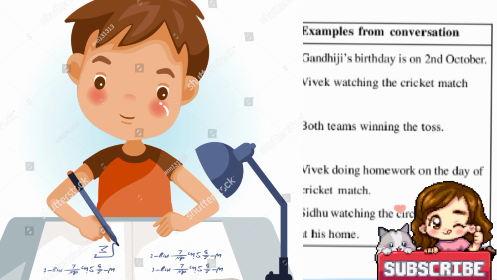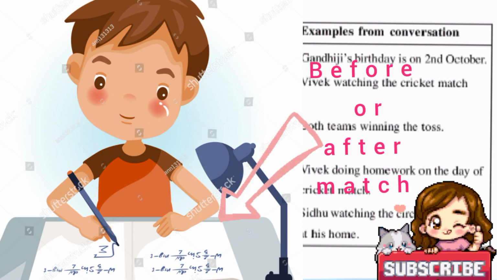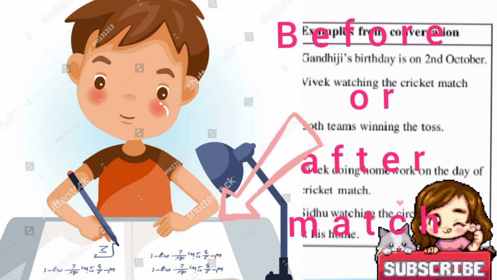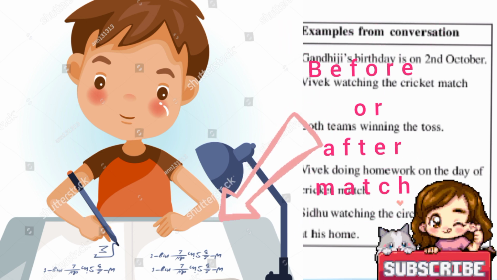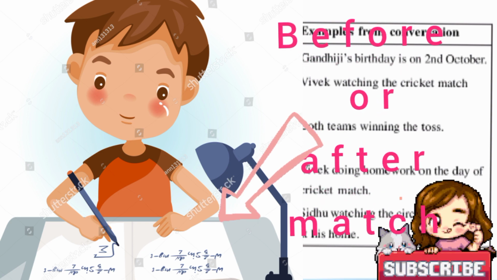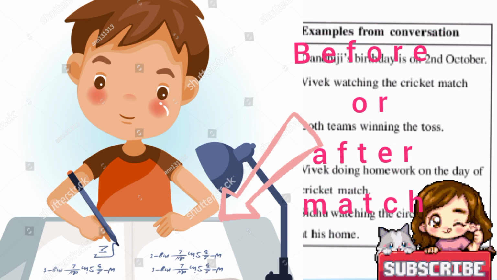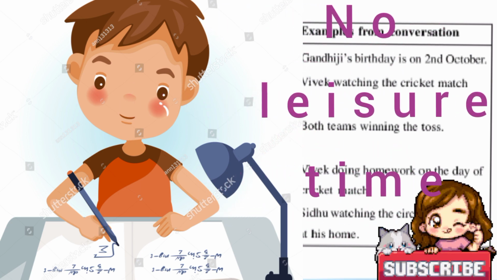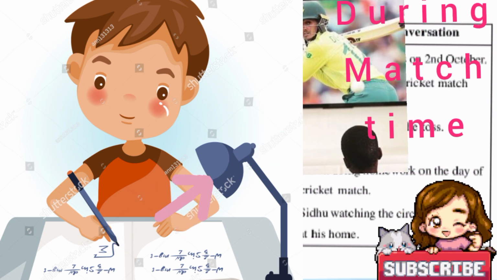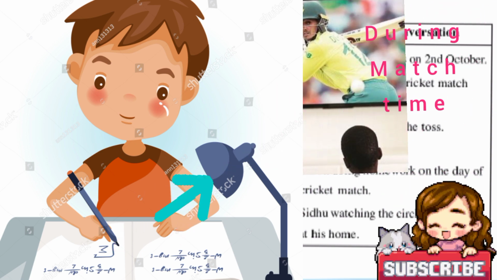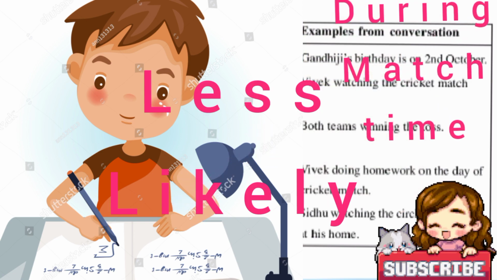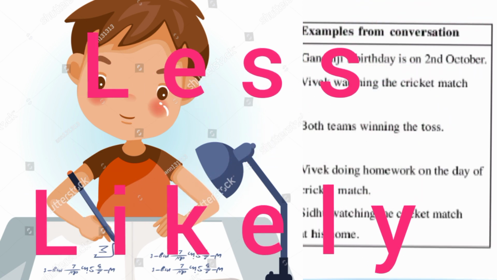Since Vivek is a cricket lover, he will try to do the homework before the start of the match or after the end of the match, and he will not do it during the match. But if he doesn't have leisure time before or after the match and the homework is compulsory, he has to do it during match time. So this type of event is called less likely.